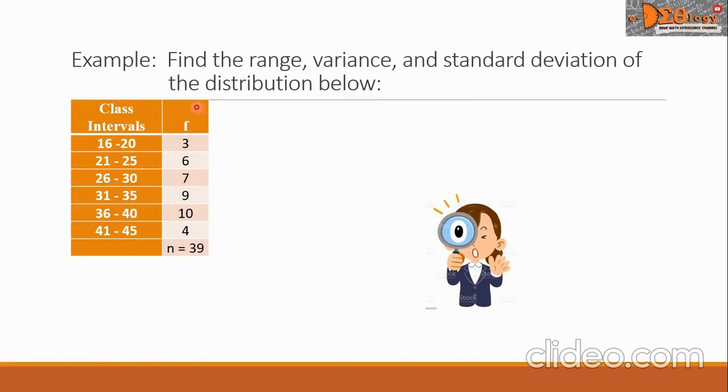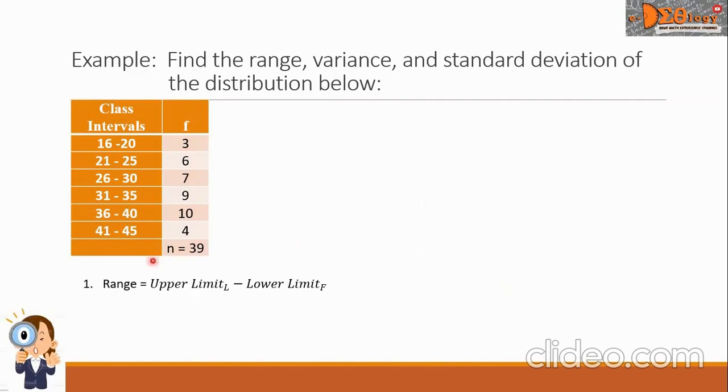The second column is the frequency, denoted by F. We have 3, 6, 7, 9, 10, and 4 frequencies for the classes respectively. The total of the frequency is n equals 39.